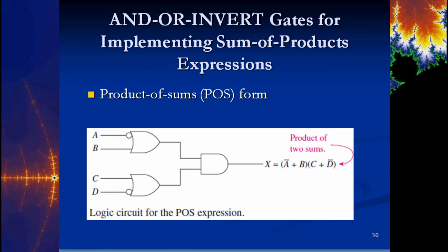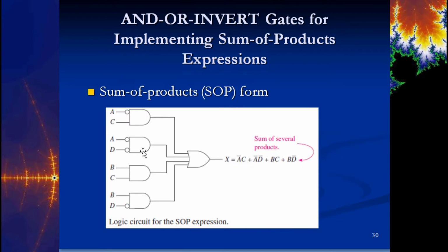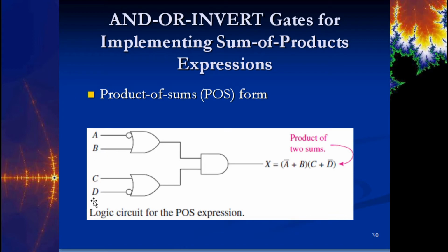And obviously the other way to do it would be to expand that out. If you were to foil this and have not A C plus B C plus, not A C plus not A not D, plus B C plus B not D, right? And so if we were to write it the other way, this is how it would look. So this produces the same output as this.